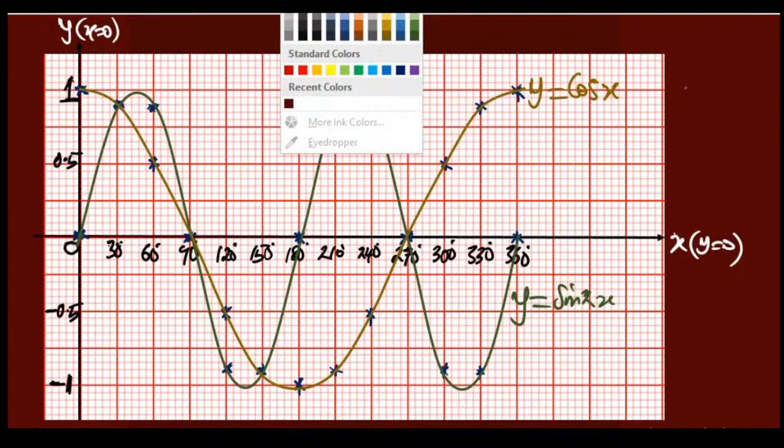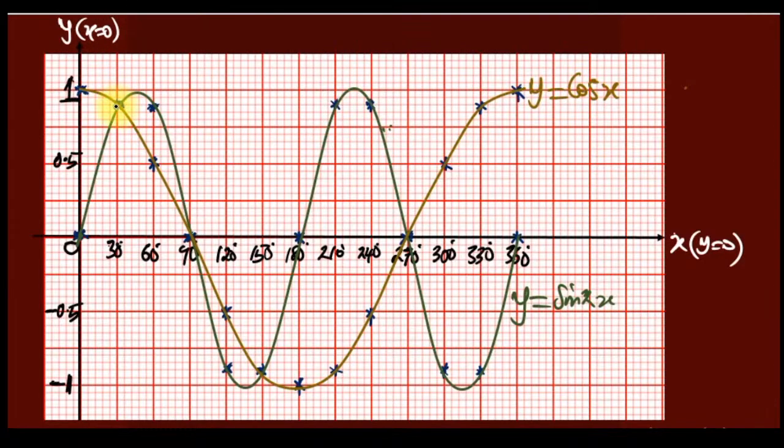So let me locate it. Let's use black. So you notice that they intersected here, so let's call it point A. So that's the solution. The x value, which is 30, that's the solution.